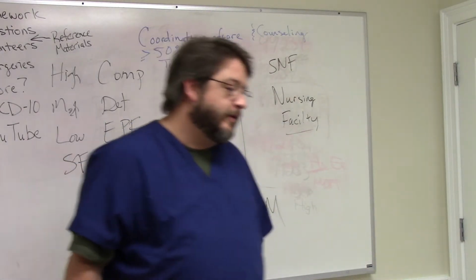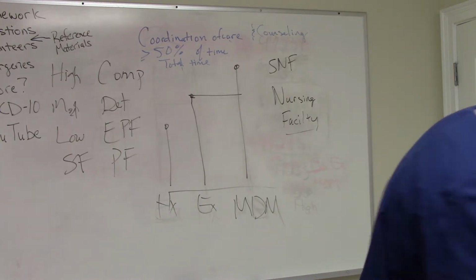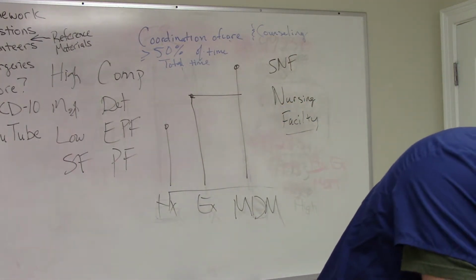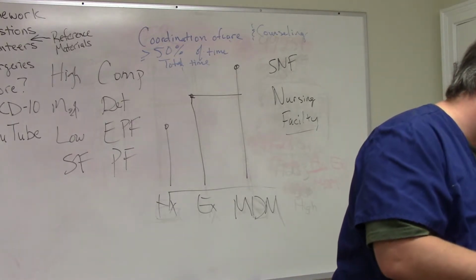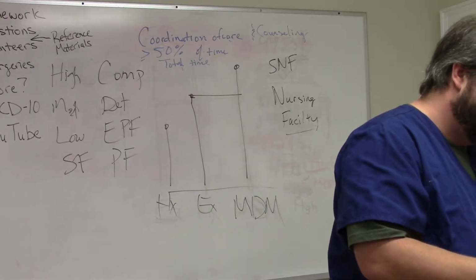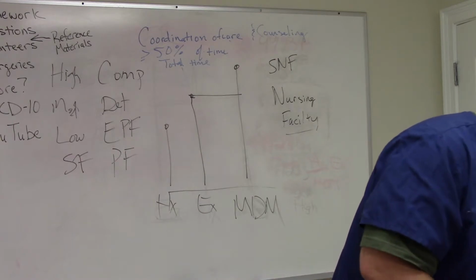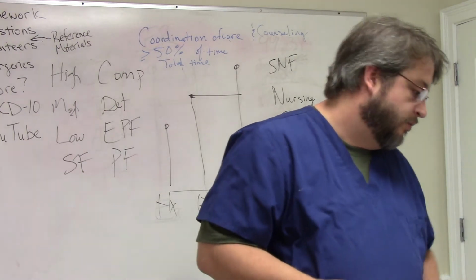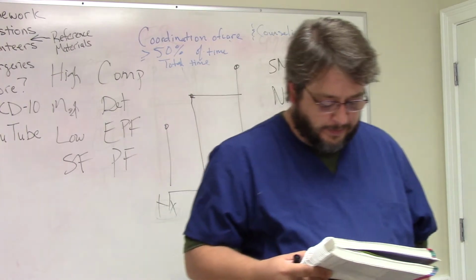Option D. Okay, so let me look. 73220... 73218 is magnetic resonance imaging upper extremity other than joint without contrast.